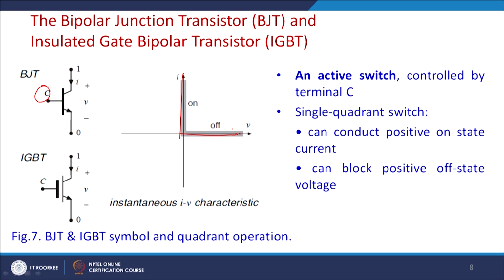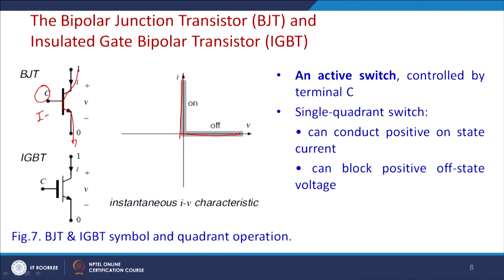Conduction is only possible in this direction for this NPN transistor. This is the direction of the current flow, and of course it can block the voltage in the off state, so it can block the positive off-state voltage. For this reason, this is also a single quadrant switch. The difference between BJT and IGBT is just the gate voltage and the gate current.